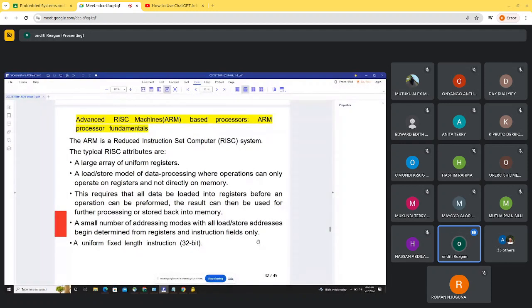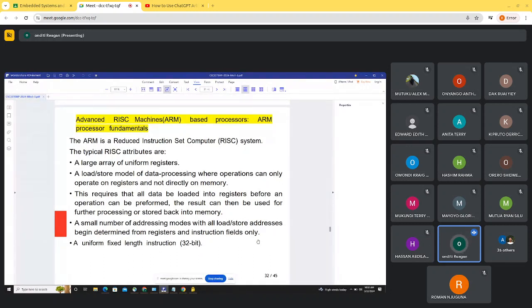What is the function of a control bus? What is the function of a data bus? And what is the function of the address bus? Basically the data bus and address bus are the major components that we require within a register.